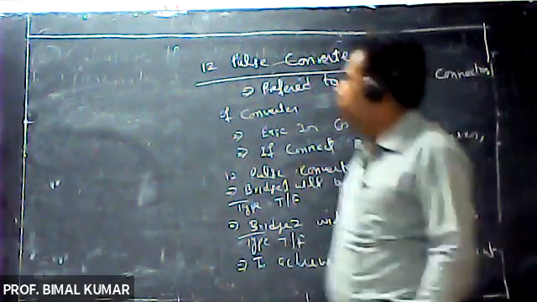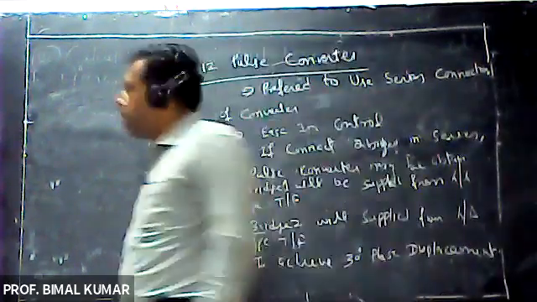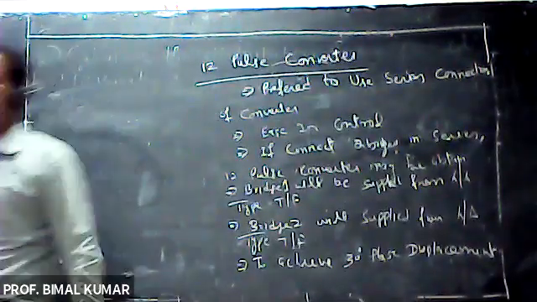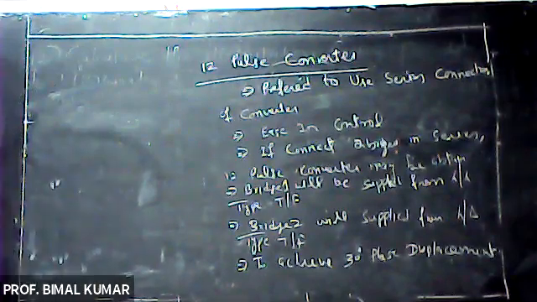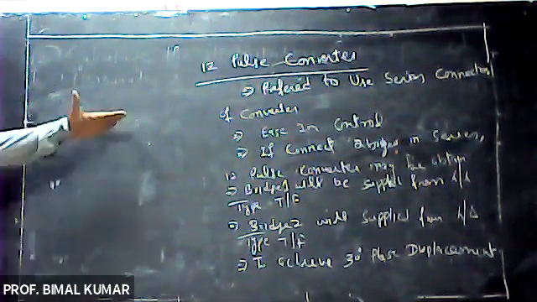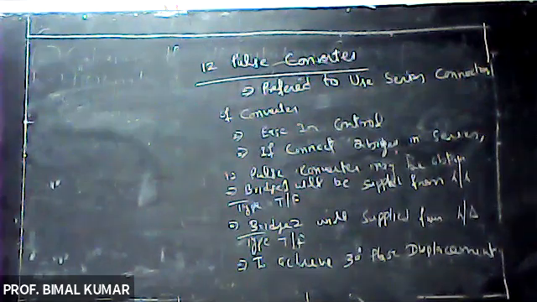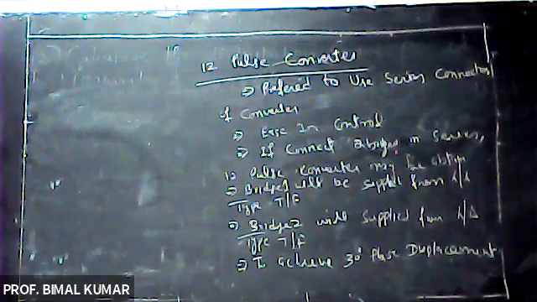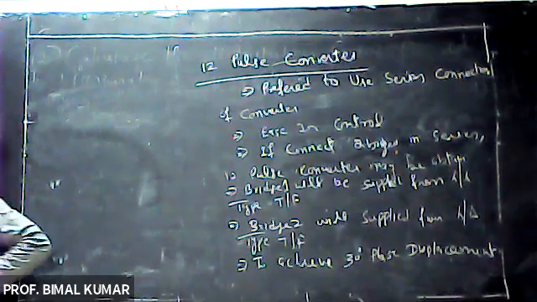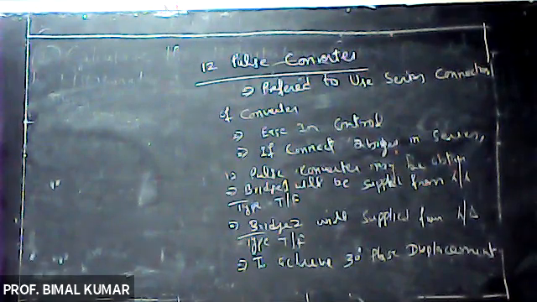And how would you be able to attain this phase displacement of 30 degree? Because we are having two converters connected in series, and one converter is fed from one particular transformer, right?